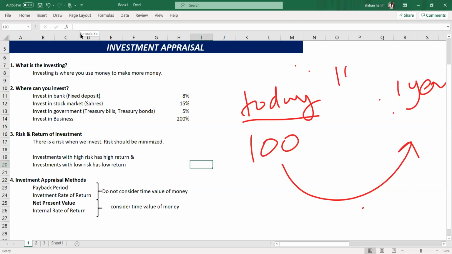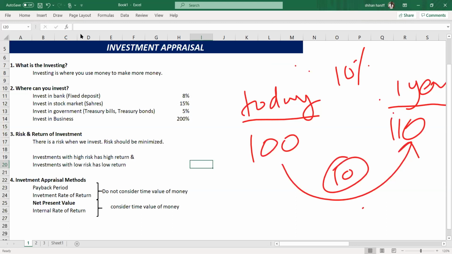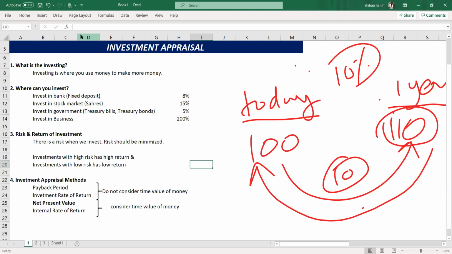Because if you keep this in a savings account, and you are getting 10% interest, the value is 110. So if you are getting 110 after 1 year, today's value is 100 because of this interest rate. So we call this 10% the discount factor.